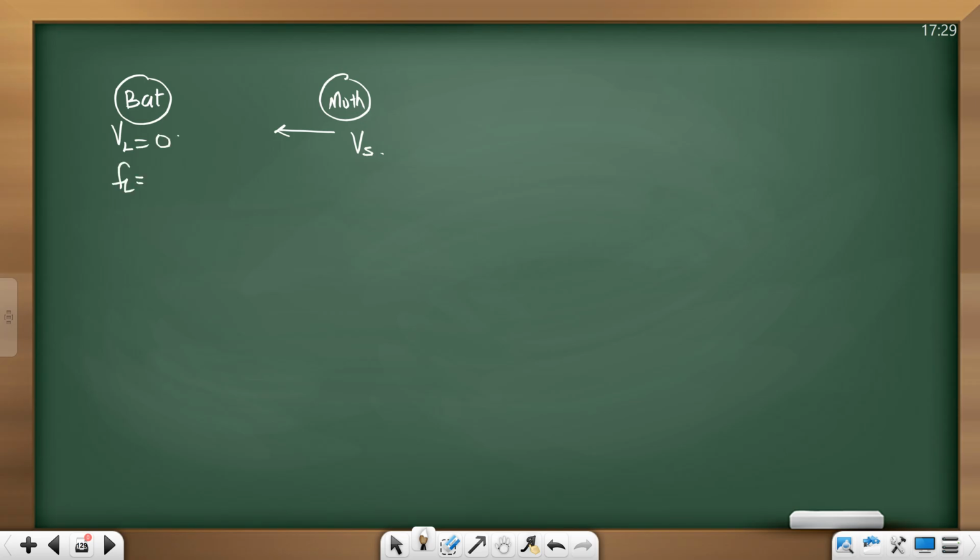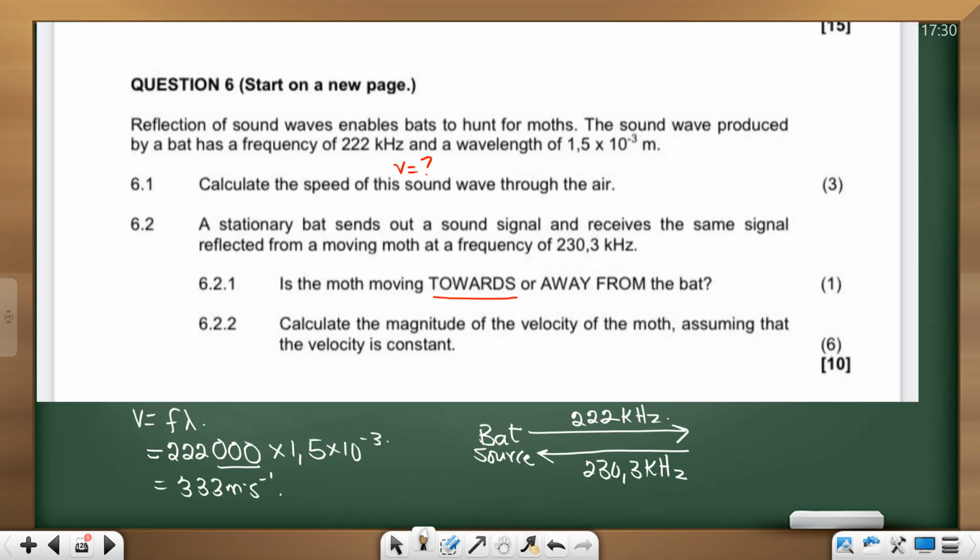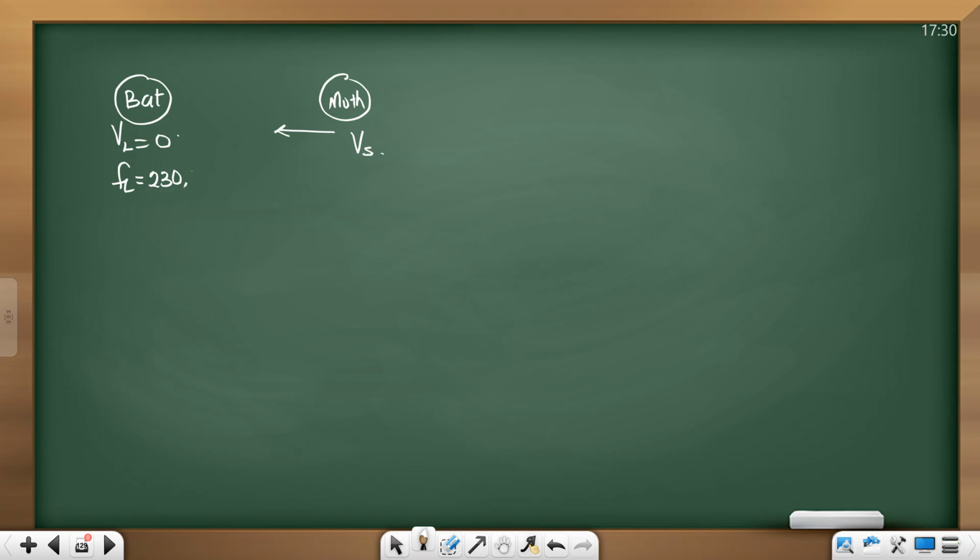What is fL? 230, 0.23 kilohertz, right? Remember the 3 means multiplied by 1,000. That's K. What is the frequency of the source here? Unknown.